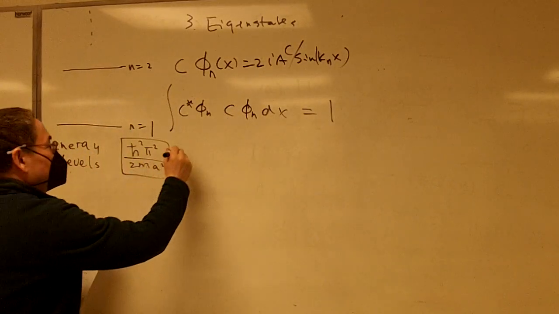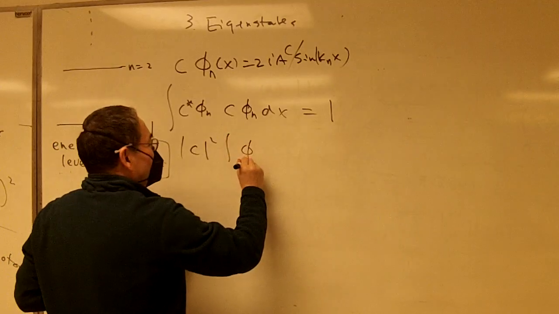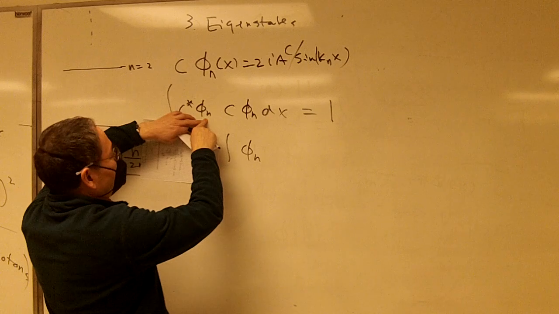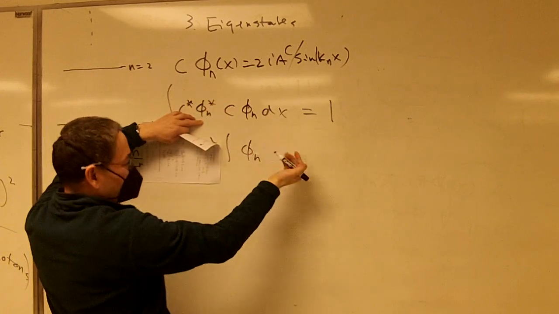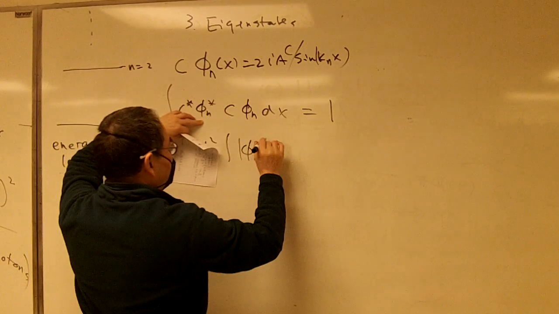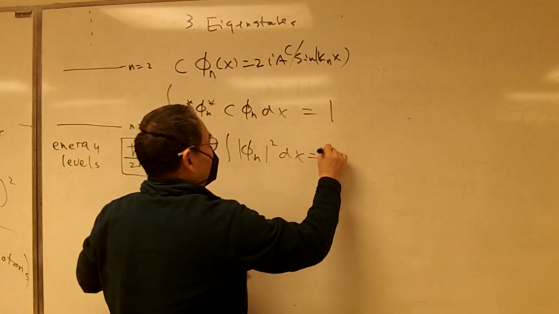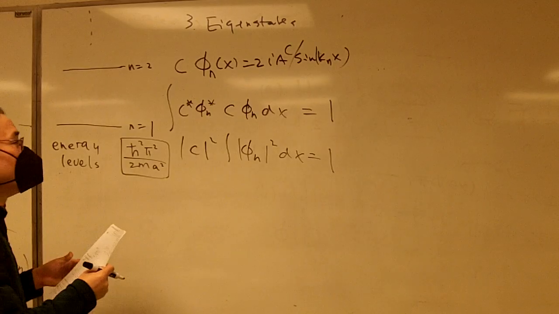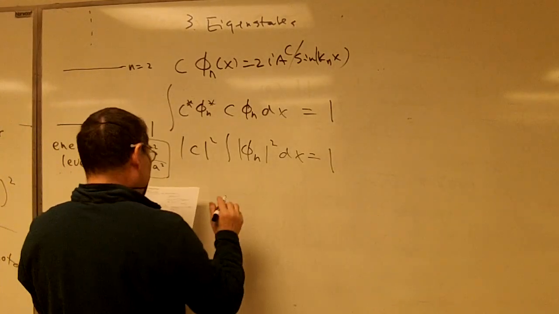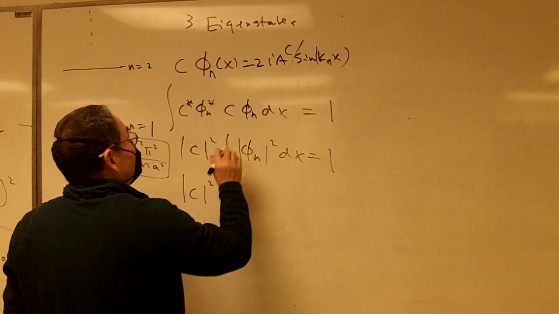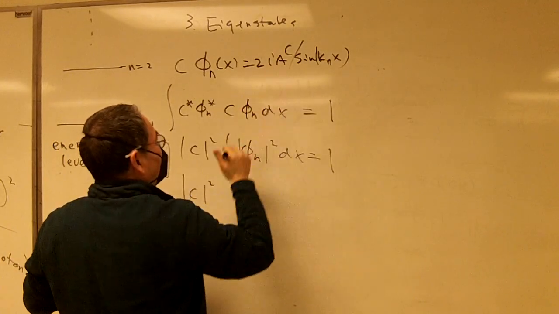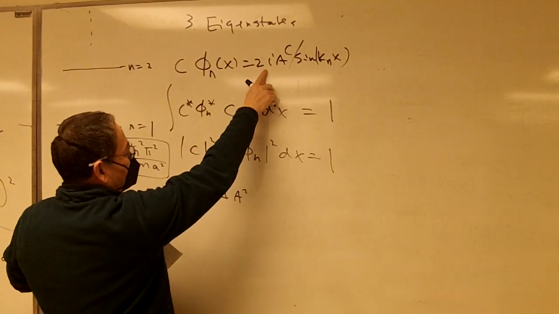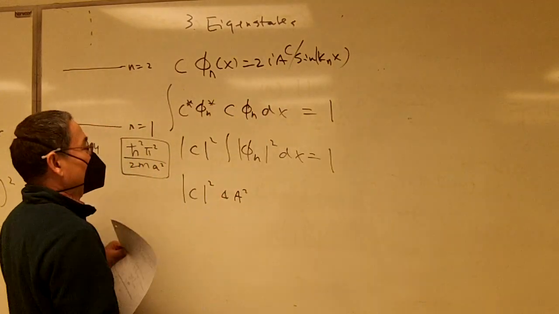So now I have c phi n, and you see this one is real, so it doesn't matter whether I put a star or not. Essentially, this is just the square of this, dx equals 1, like that. So that is my calculation. We plugged this into it. Remember we have this part will be 4a squared, because this complex conjugate, this i is imaginary, so it will be 4a squared, like this.